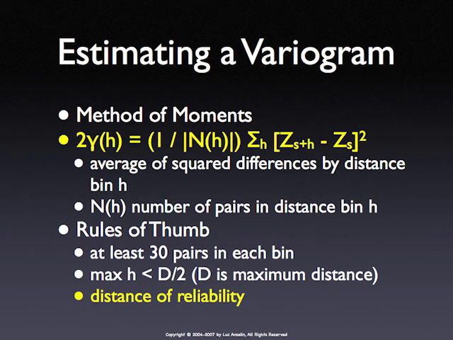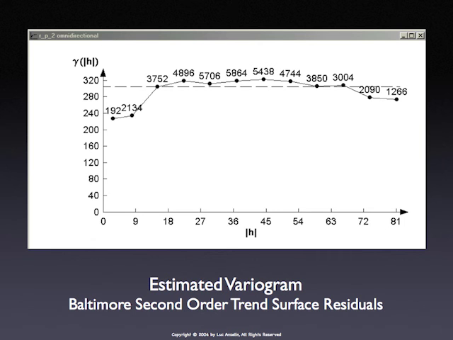If you're lucky, you have 30 or more pairs in each of the bins, and then for each of these you compute the variogram, which is actually not a continuous function but a series of points. I've connected them here just to illustrate, but in essence the variogram is that point, or the semivariogram is that point. On the vertical axis, in this case, it's gamma.